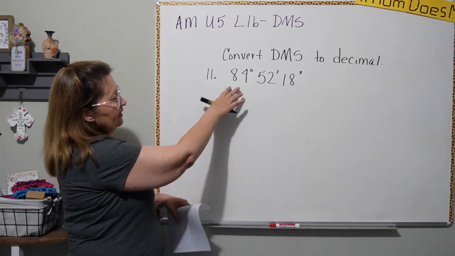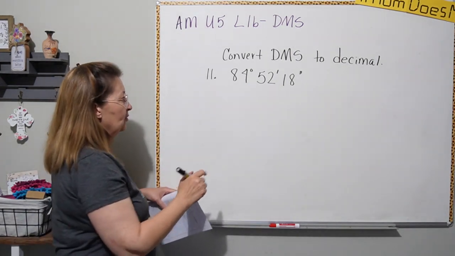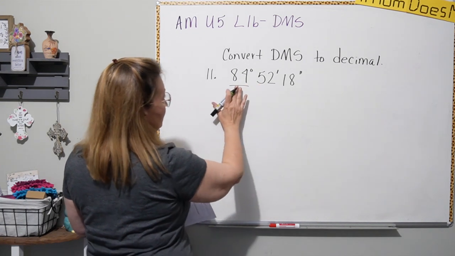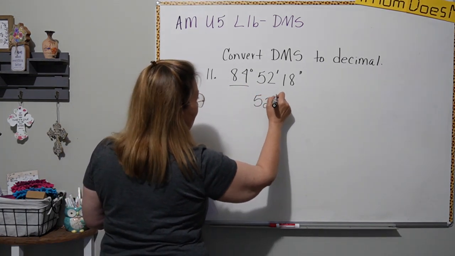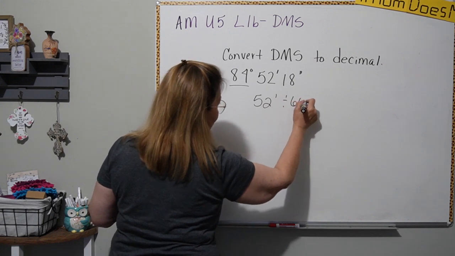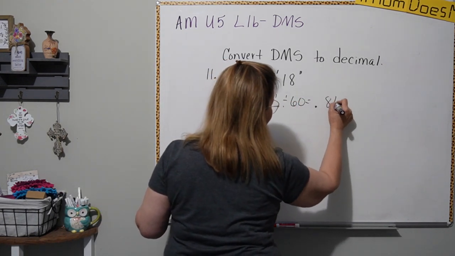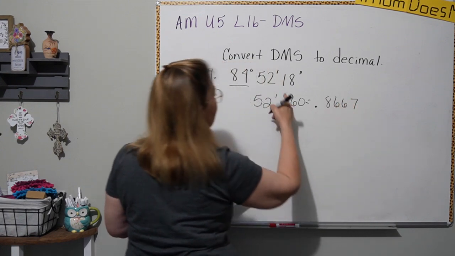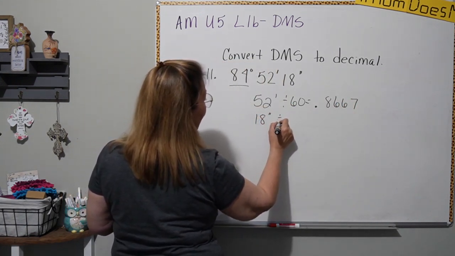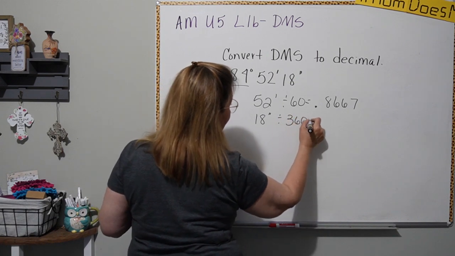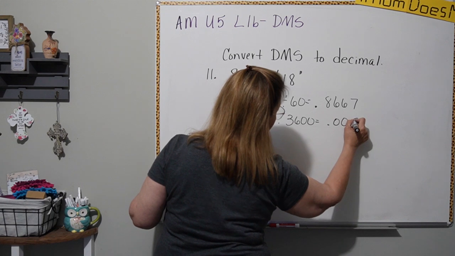Okay, number 11, 84 degrees, 52 minutes, 18 seconds. We want to convert that to decimal. So we're not going to do anything with the degree part yet. We're going to take the 52 minutes and we're going to divide that by 60. And that is going to give us a decimal of 0.8667. Then we're going to take the 18 seconds and we're going to divide that by the 3600. All right, and that's going to get us 0.005.